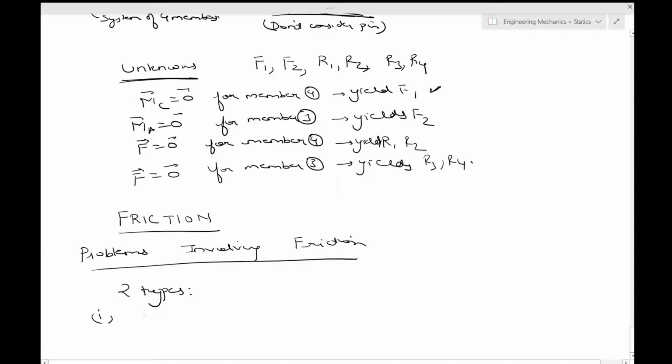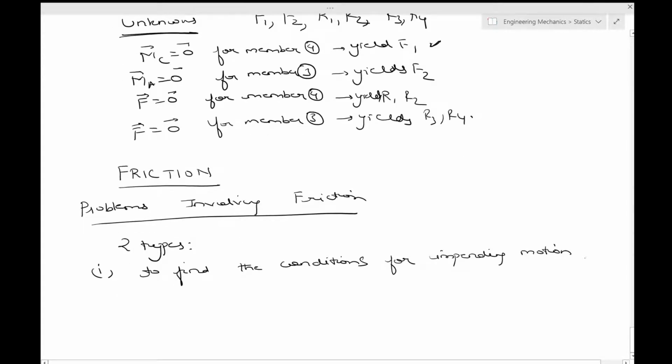One is to find the conditions for impending motion, or uniform translation.